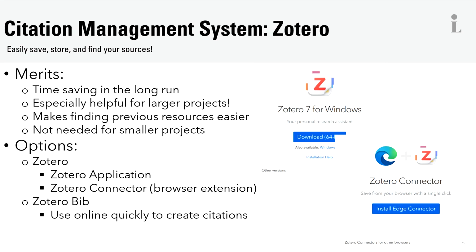You might spend more time searching for this newspaper article you found 3 months ago that had this great quote that you want to find now, but you can't remember exactly which one it is. So you're retreading a lot of ground that you had already covered. That's when you're working with these larger scale projects. Having a citation management system can make finding those previous resources a lot easier.